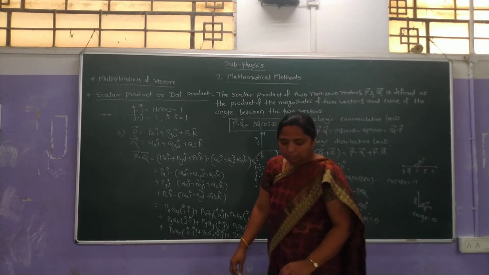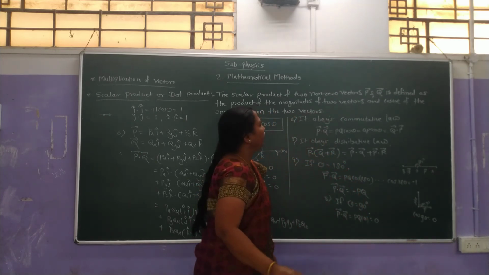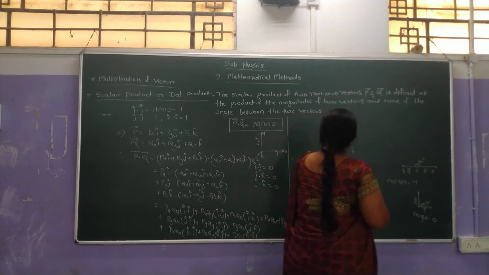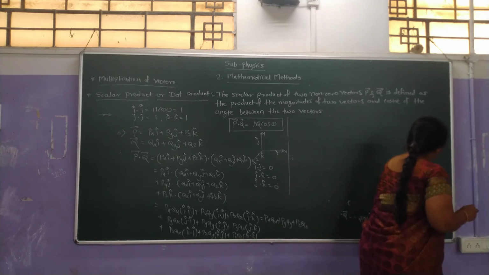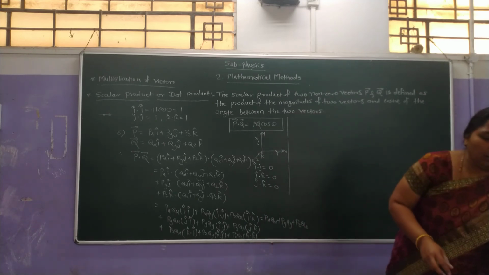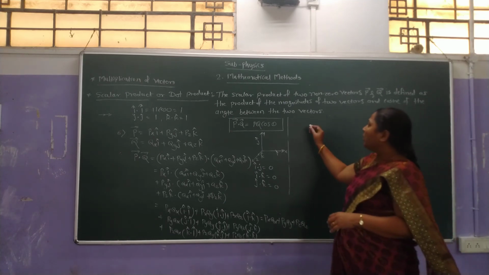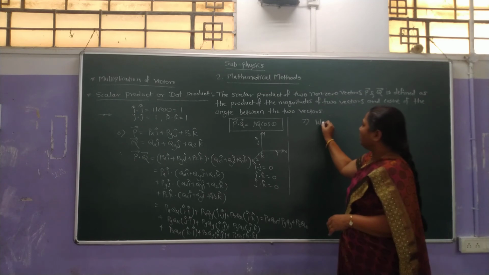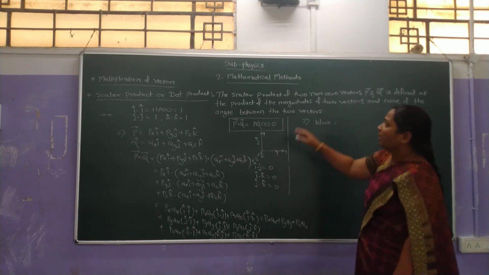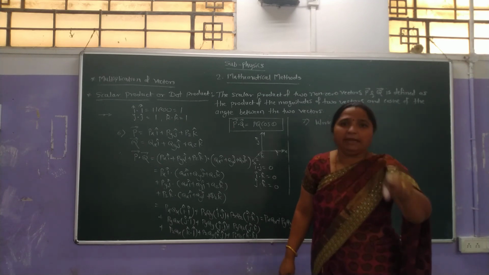And the last property: if the two vectors are the adjacent sides of a parallelogram, the work done should be calculated. For example, the seventh characteristic, work done. Work is a scalar quantity because, by the definition of scalar product, the scalar product of two non-zero vectors is a scalar.